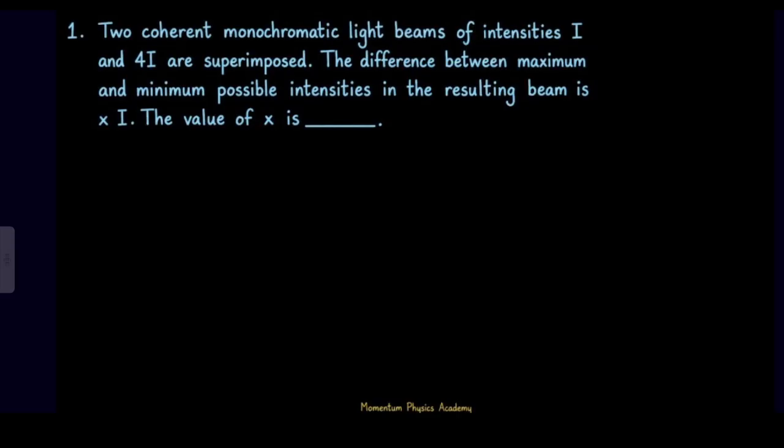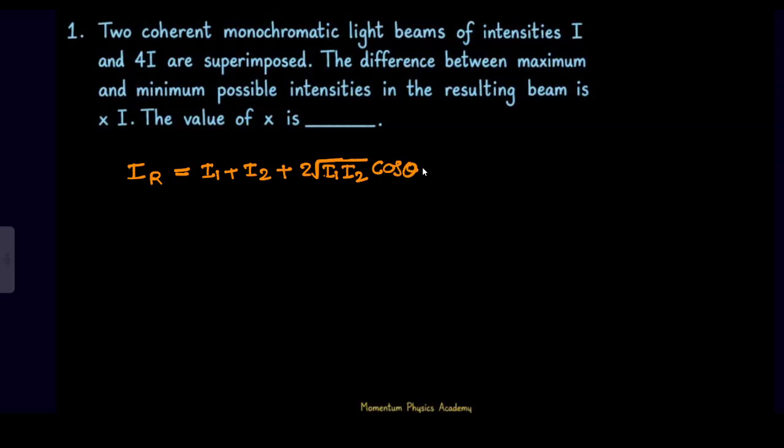Now what is the resultant intensity formula? The resultant intensity will be equal to I1 plus I2 plus 2 root of I1 I2 into cos theta.